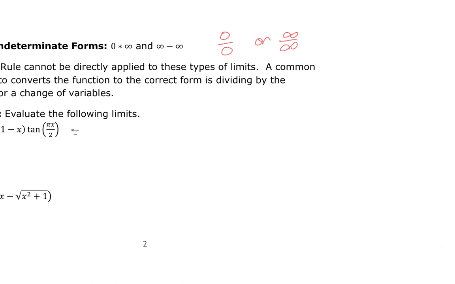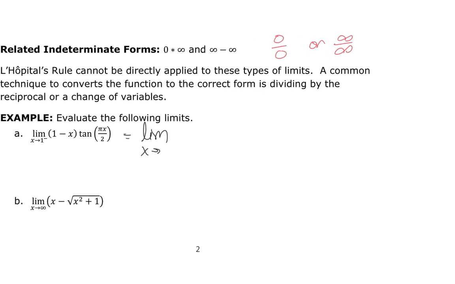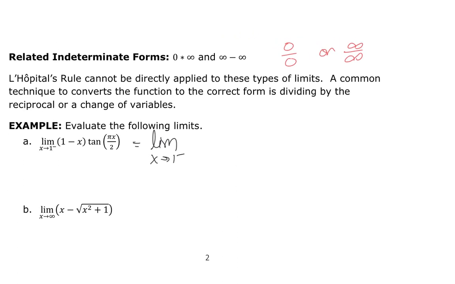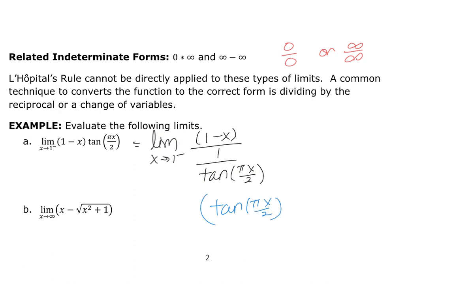the limit as x approaches 1 from the left of 1 minus x over 1 over the tangent of pi x divided by 2. Now let's see if this helps at all. So we know that we can write this as the tangent of pi x divided by 2 raised to the negative 1.